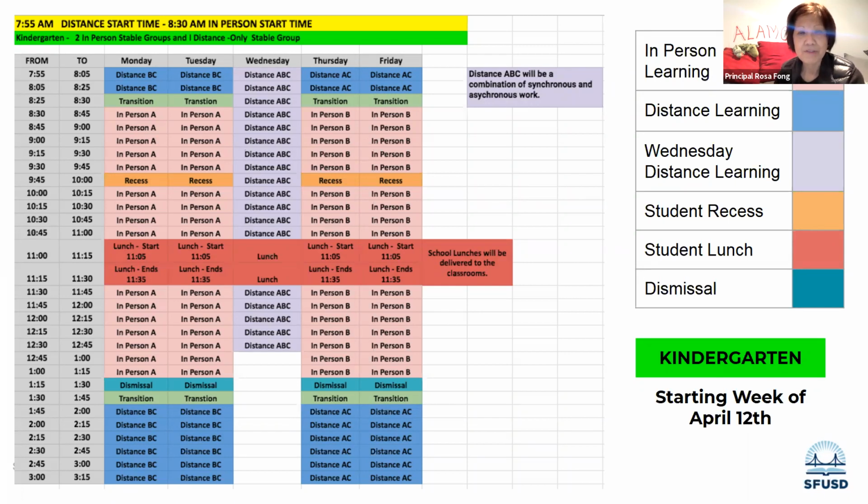Then from 8:25 to 8:30, which is in green, that is a transition period for the teachers, okay? Transition period because the teachers may need to use the restrooms, may need to go from A, which is from their classroom.